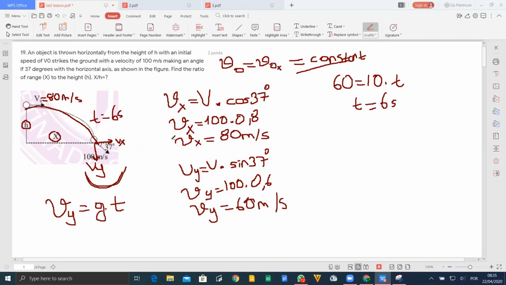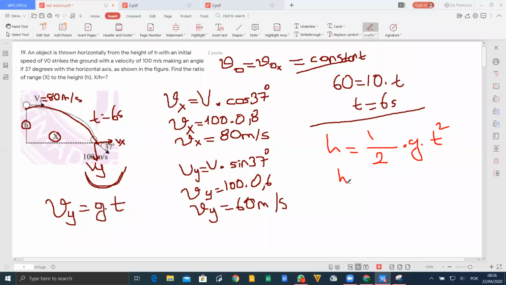Now, again, let me remind you another thing. If we are talking about the half motion, halfway of the projectile motion, the h formula can be used as it is, if you remember that. H was equal to half times g times t square.